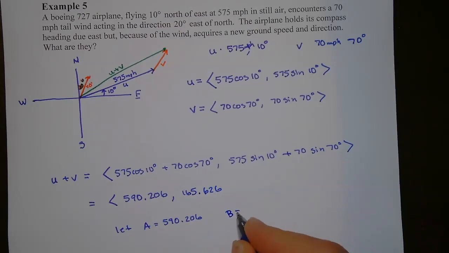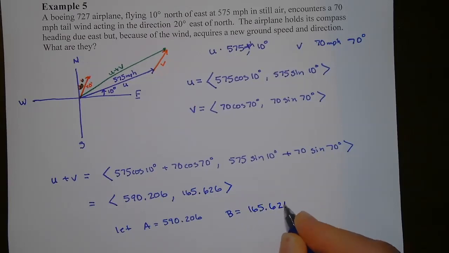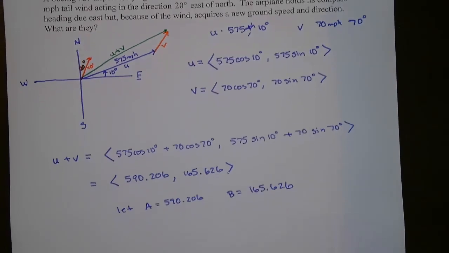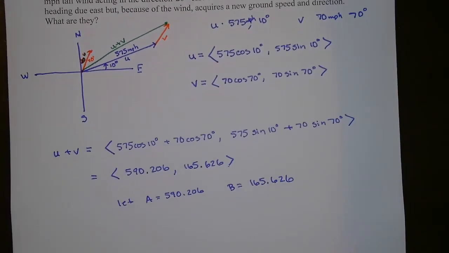And we're also going to let B, I need to close my vector, and my B is 165.626. Okay, so we want to find the magnitude and the direction.